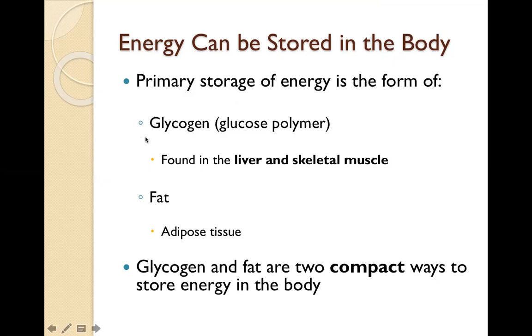You either store it as glycogen, which is a glucose polymer, and that's stored in both the liver as well as skeletal muscle. And then once your glycogen stores are maximized, then you store the rest of the energy in fat cells. And it's stored as lipids, and this is in your adipose tissue. And both glycogen and fat are two very compact ways that you can store energy in the body.